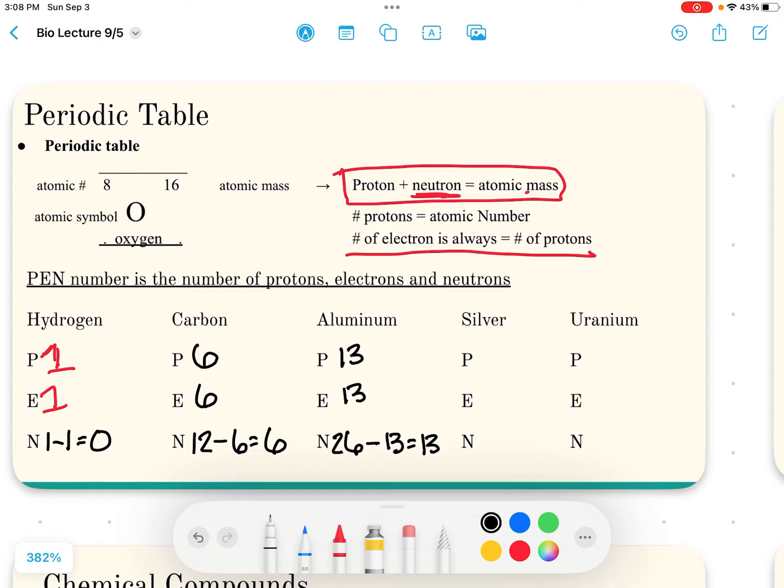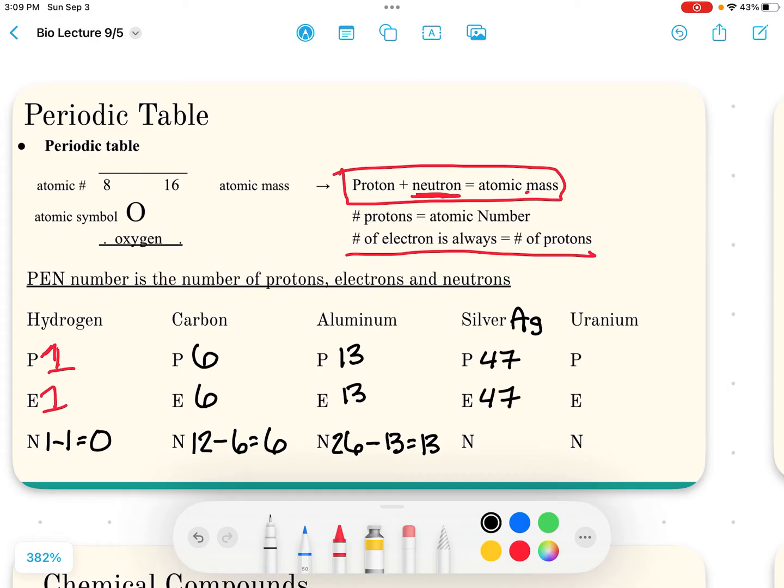Silver is Ag on the periodic table, so that's one of those weird ones. And let's see, since it is atomic number 47, that means there are 47 protons. Also, since we have 47 protons, we have to have 47 electrons.